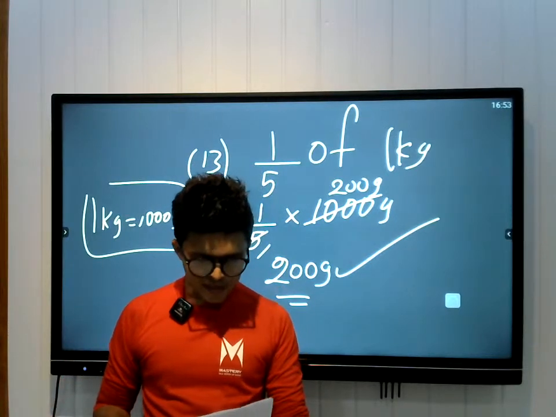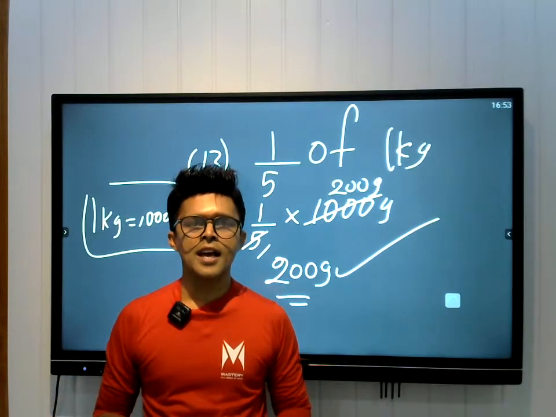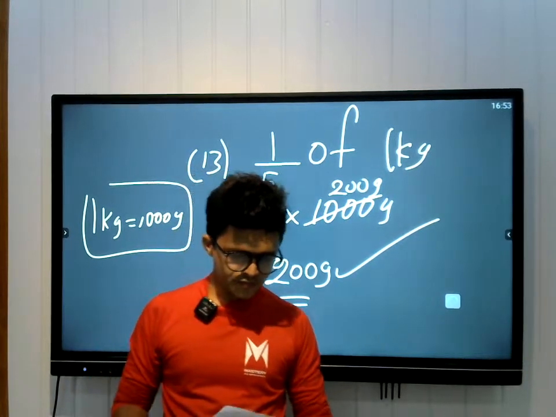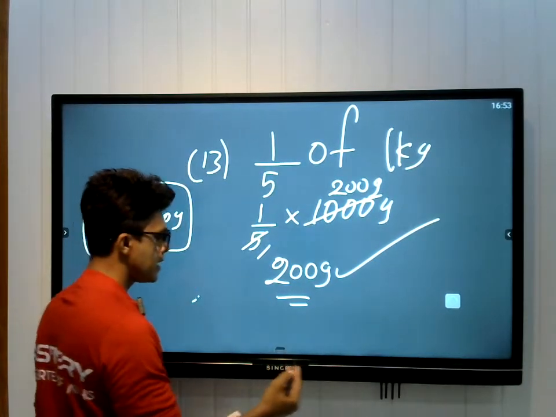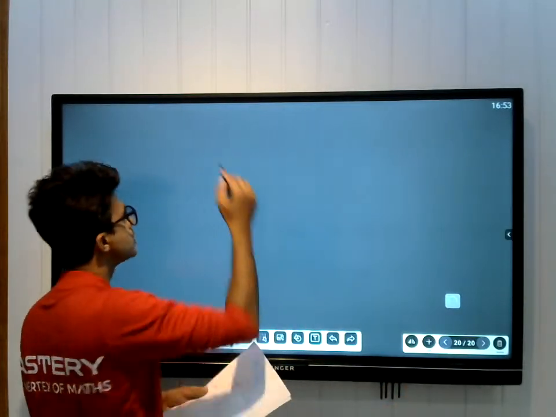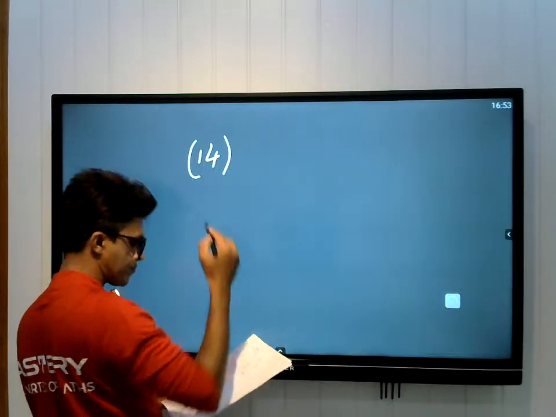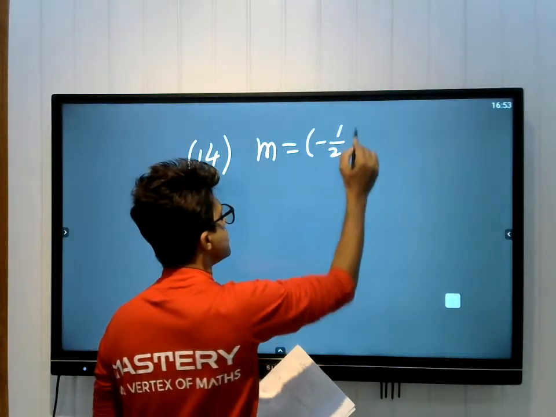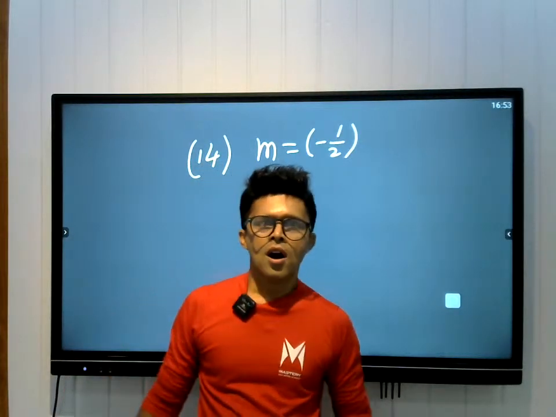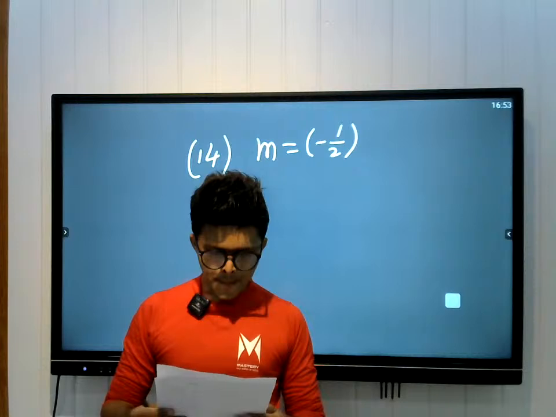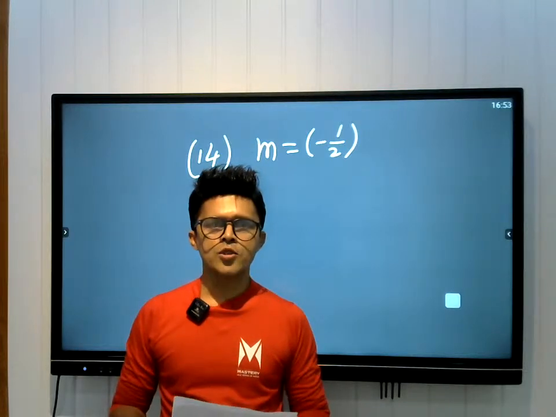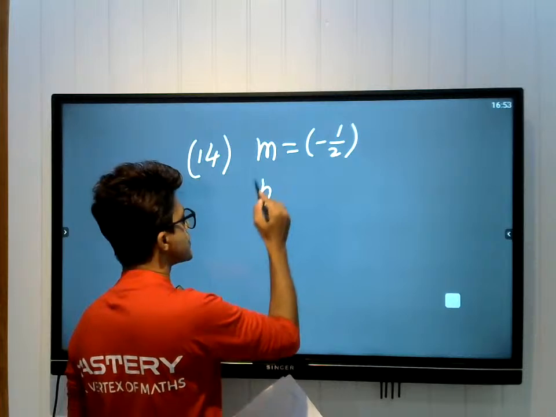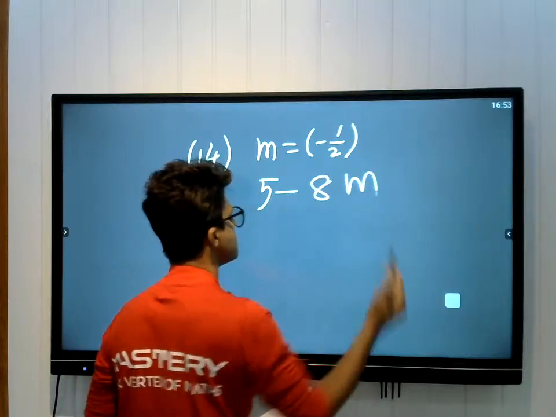We are able to do the 14th question as well. M equals minus half. The expression you need to use is 5 minus 8m.